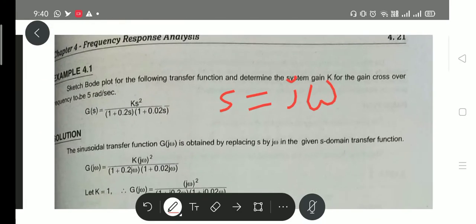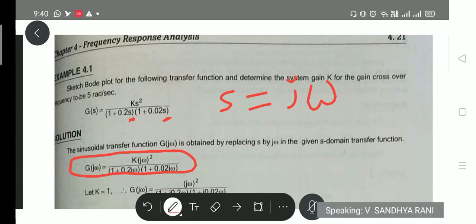Here s is s square. In place of s square I am substituting j omega, so (j omega) whole square. In place of 0.2 s, in place of s I am substituting the j omega. Here also I am substituting the j omega. After substituting j omega in place of s, we will get like this.